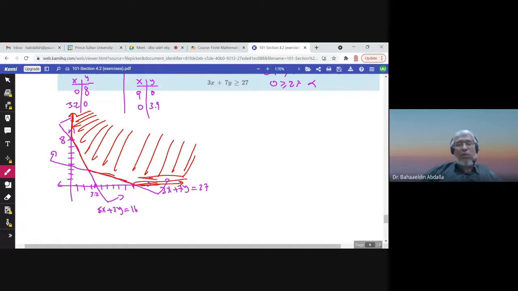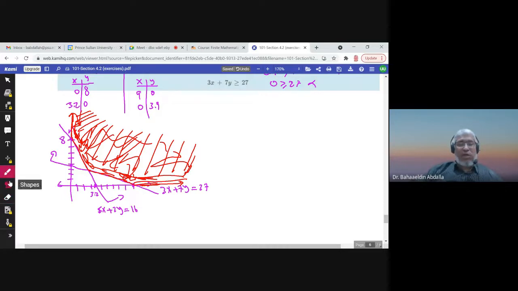The region is above the x axis and above the y axis. Okay, here, that's the region. So no need now for this line and the arrows. Okay, so that's the graph of this region.